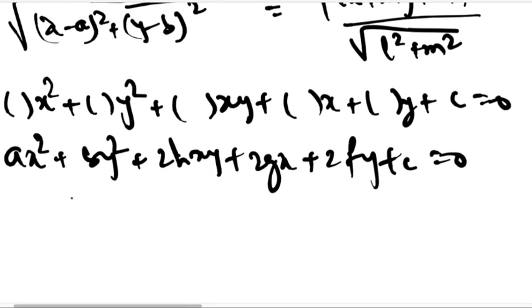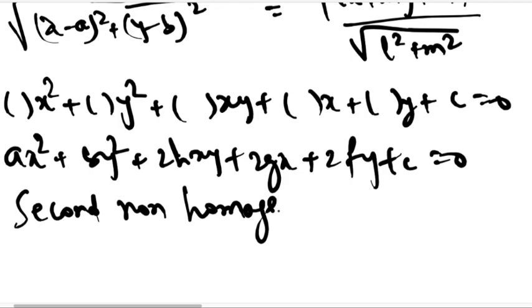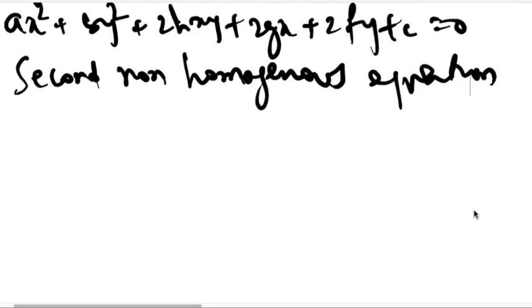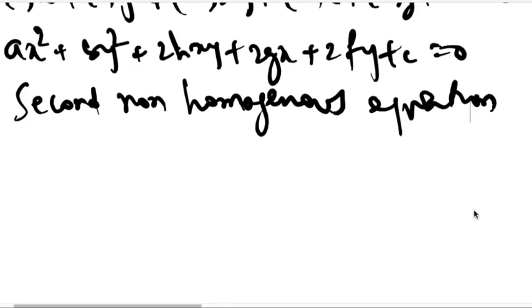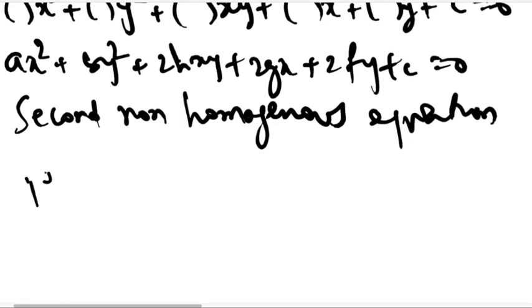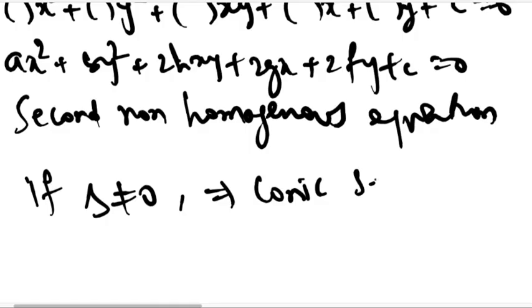This is a second degree non-homogeneous equation. If we find the determinant delta, and if delta is not equal to 0, then it will give us a conic section.